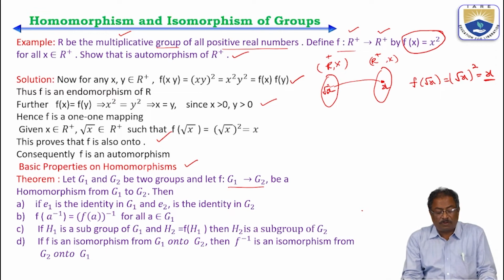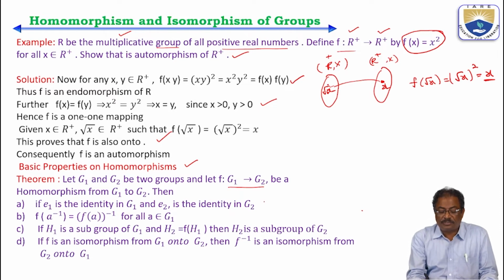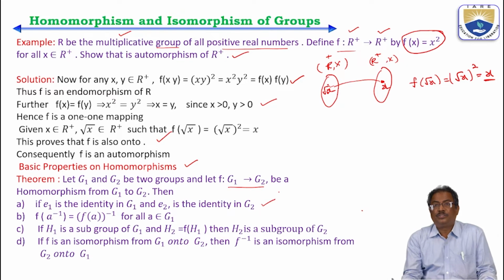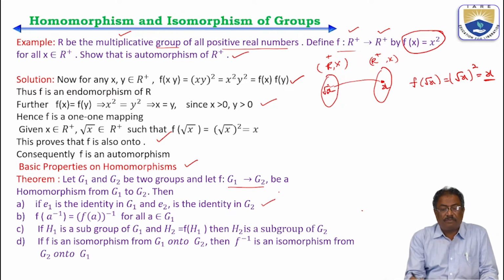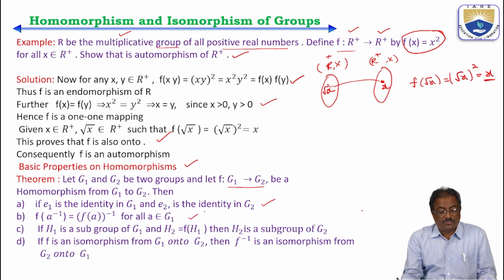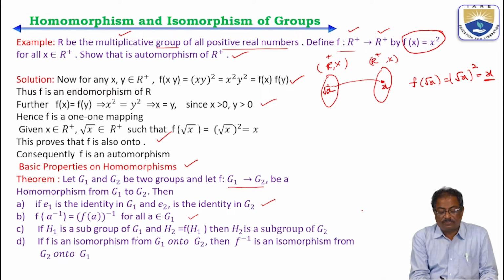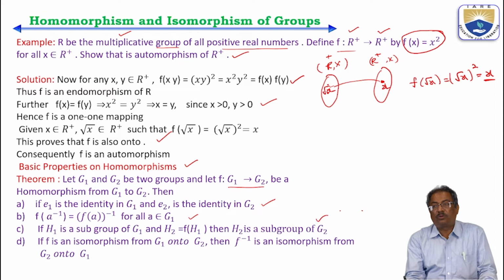Then if e1 is the identity element in G1, e2 is also an identity element in G2, and f of a inverse is equal to f of a whole inverse. This is true for every a belonging to G1. And if H1 is a subgroup of G1, then f of H1 is a subgroup of G2, and H2 is also a subgroup of G2.